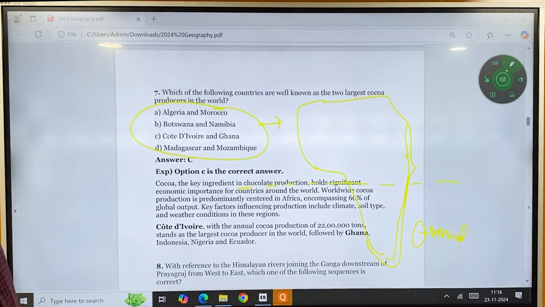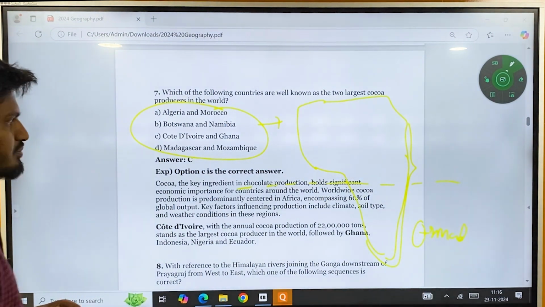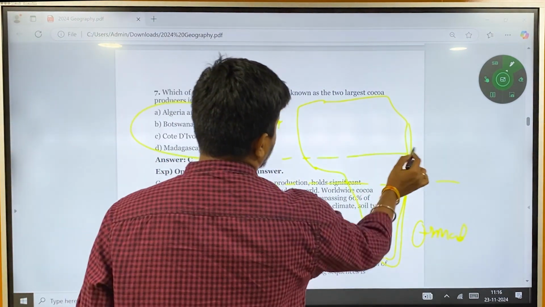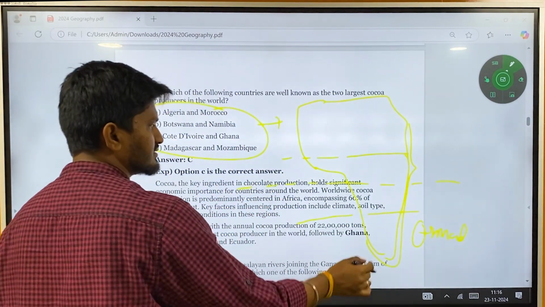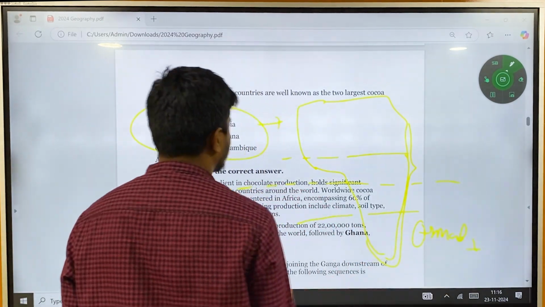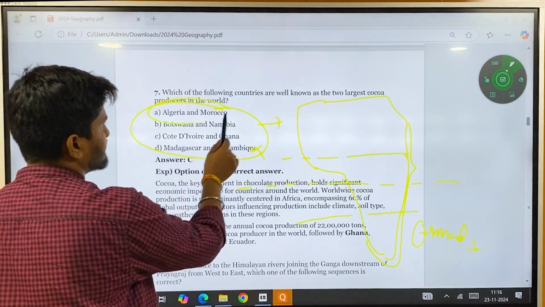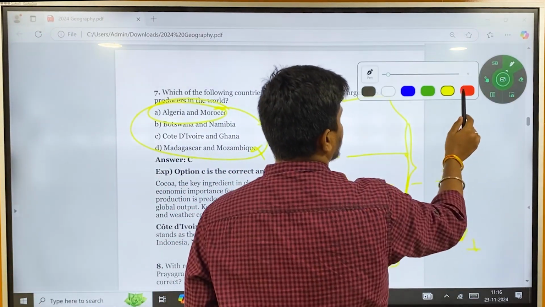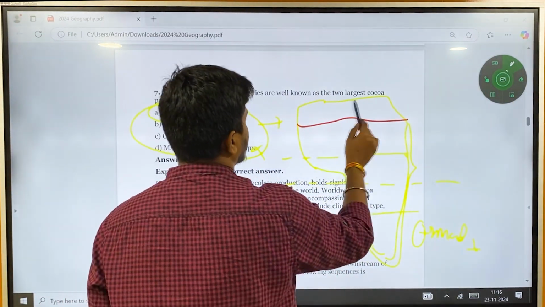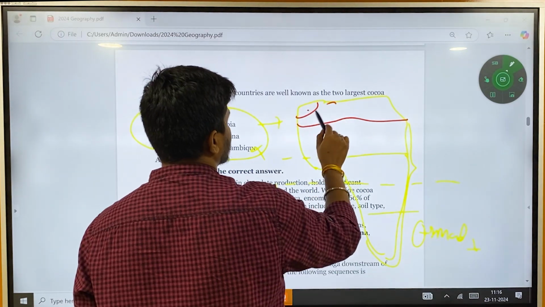Okay, so cocoa is a tropical food. Now the tropical region is from this part to this part. Madagascar comes outside of the tropical region, so this option is wrong. So you can remove this option. And then Algeria and Morocco, these are present in the northernmost part of Africa. This is Morocco and this is Algeria.